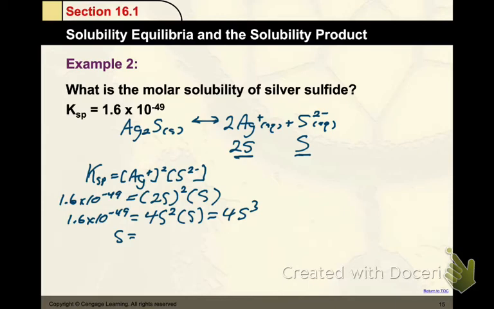And I end up with something that looks like 3.4 times 10 to the minus 17 molar. So that's a pretty low concentration, so it doesn't take very much at all before a silver sulfide solution is saturated.